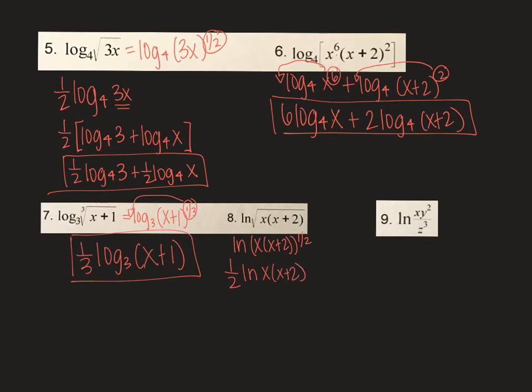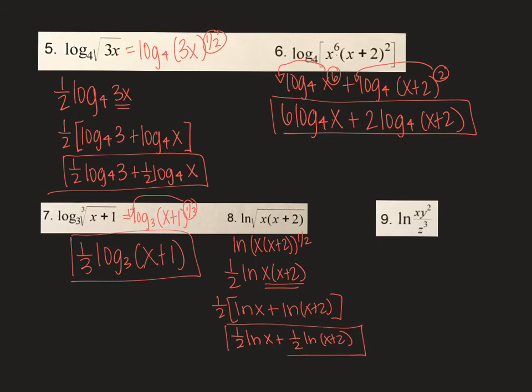And then we have multiplication here, but remember that 1/2 is with all of it, so we either have to distribute it or leave it in brackets or parentheses. I like to distribute it just because I think it makes it a little bit cleaner, but that's totally your call. So I'm going to leave my final answer as 1/2 times the natural log of x plus 1/2 times the natural log of x plus 2.